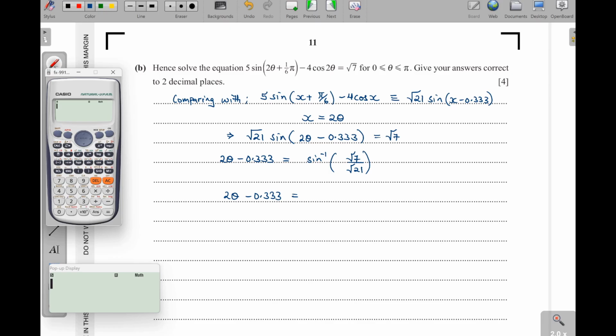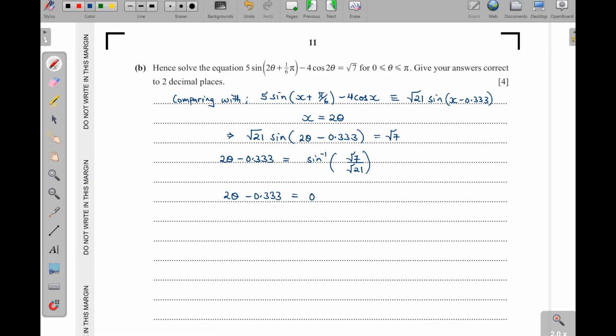So we have the arcsine of root of 7 out of root of 21. That is 0.615. Now, I'm going to maintain the decimal places here. Let them be 3, since this one is in 3.